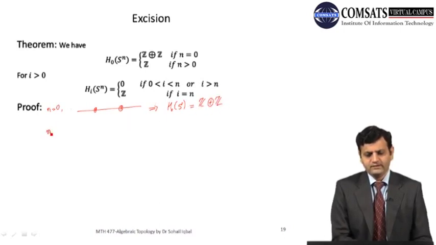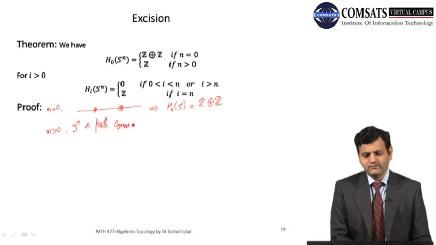When n is greater than 0, the circle, the two sphere and higher dimensional spheres are path connected, so Sn is path connected. Then the zeroth homology of Sn is basically Z.